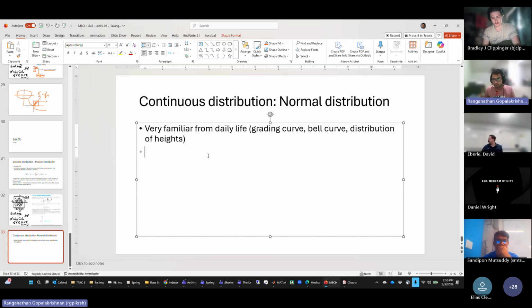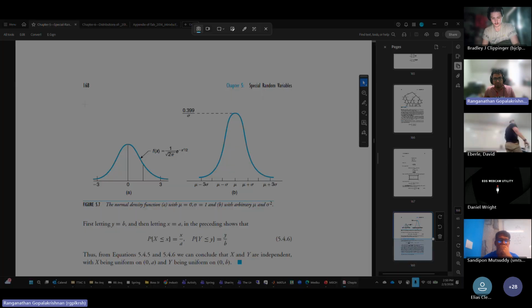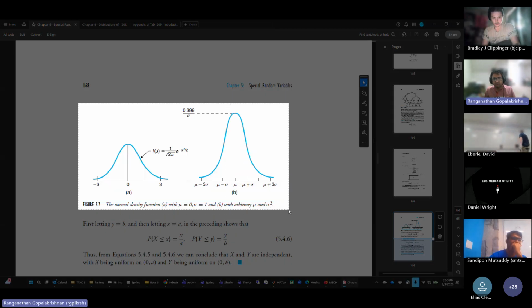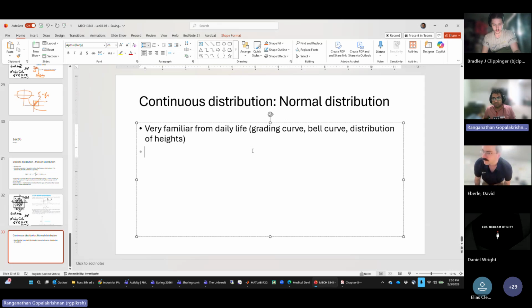Okay. So if I go in here, here's the classic figure. Okay, I'll just paste it here so that we have some reference to go by.